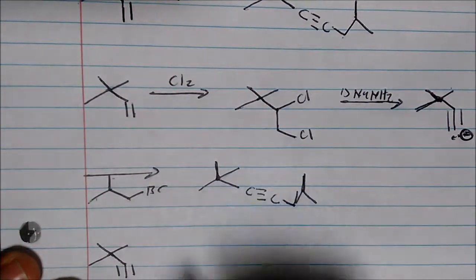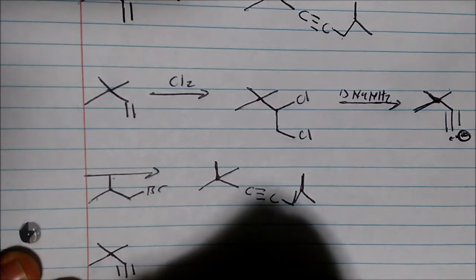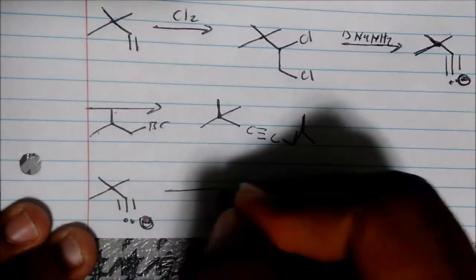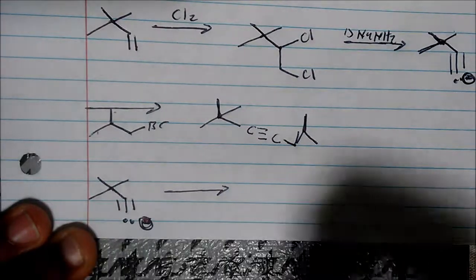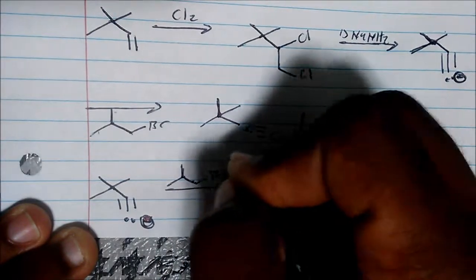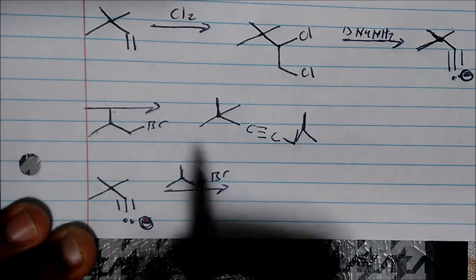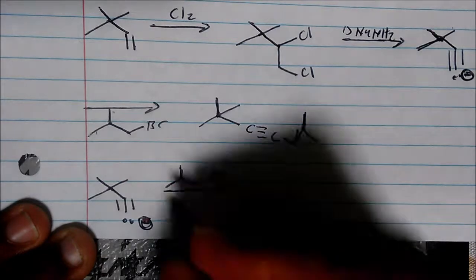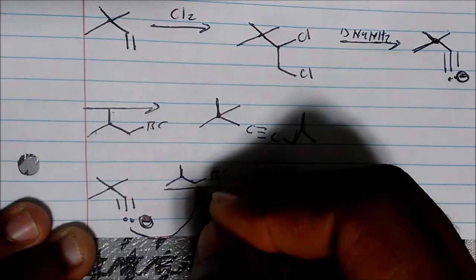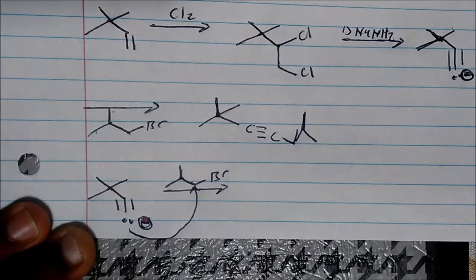This negatively charged carbon, maybe we should show the mechanism here just so it makes sense. Once I take this negatively charged carbon and react it with this molecule, this will happen. These electrons are nucleophilic, so it comes in, attacks the carbon that contains the halogen, and kicks it off.